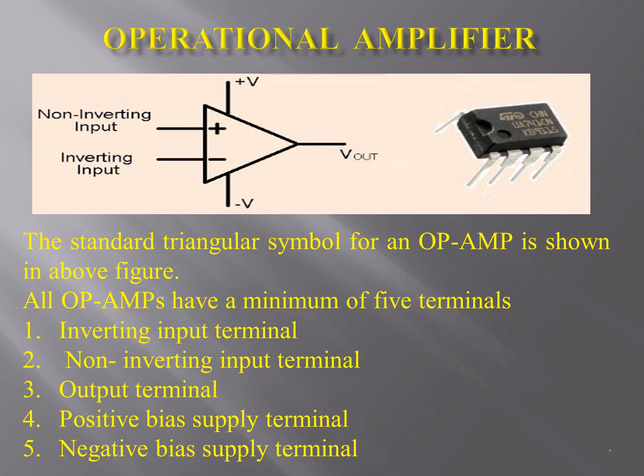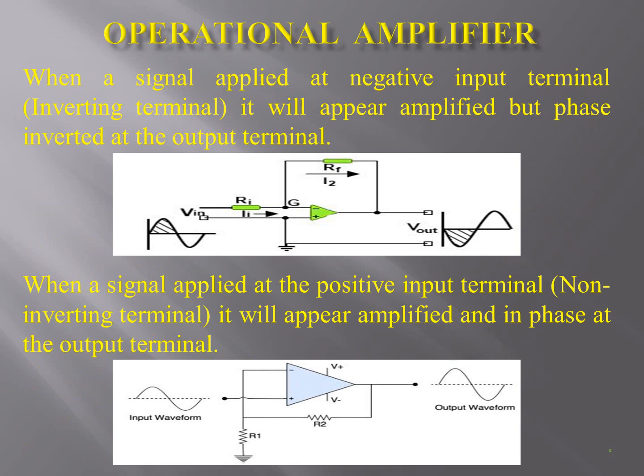bias supply terminal. When a signal is applied at the negative input terminal, means at the inverting terminal, it will appear amplified, but its phase will be inverted at the output terminal, as you can see on the screen. When a signal is applied at the positive input terminal, means at the non-inverting terminal, it will appear amplified and its phase will be the same at the output terminal, as you can see on the screen.